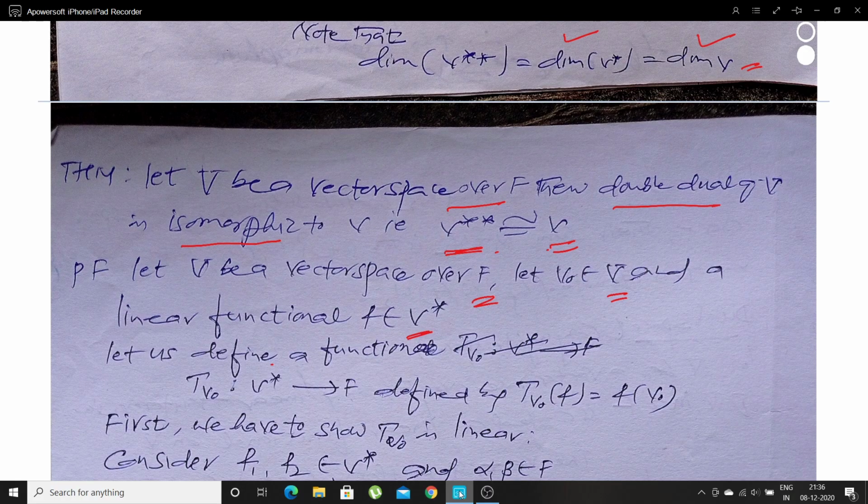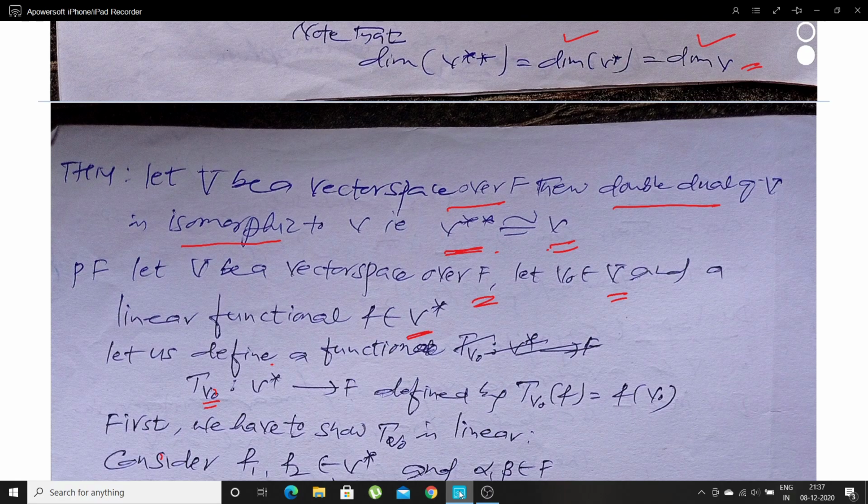To prove the isomorphic condition, we need a mapping, and we have to show that the mapping is homomorphic, one-one and onto. Let us define a mapping, I mean a function, T V naught from the dual space, that is V star, to F. Whenever we have a mapping, the condition should be there.